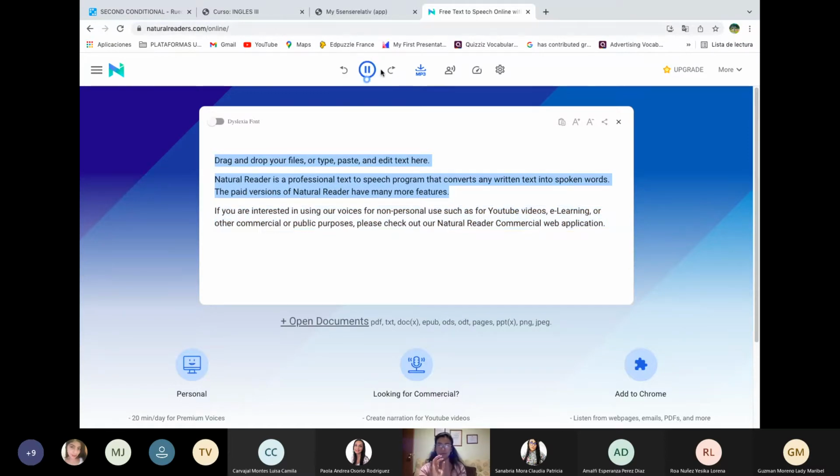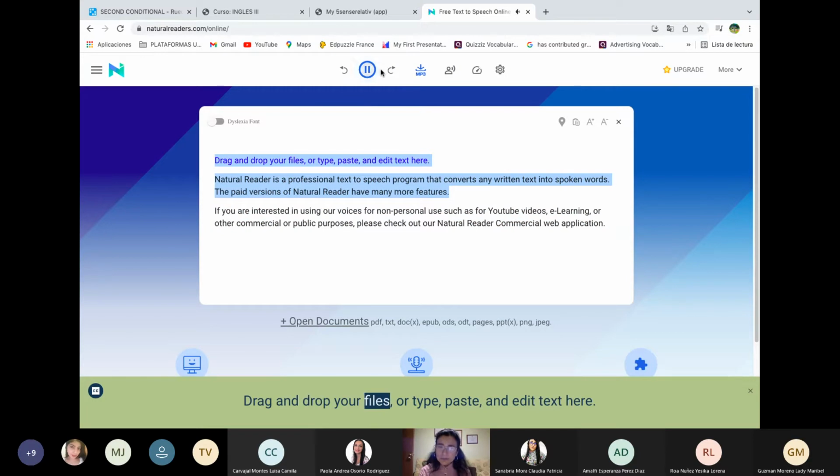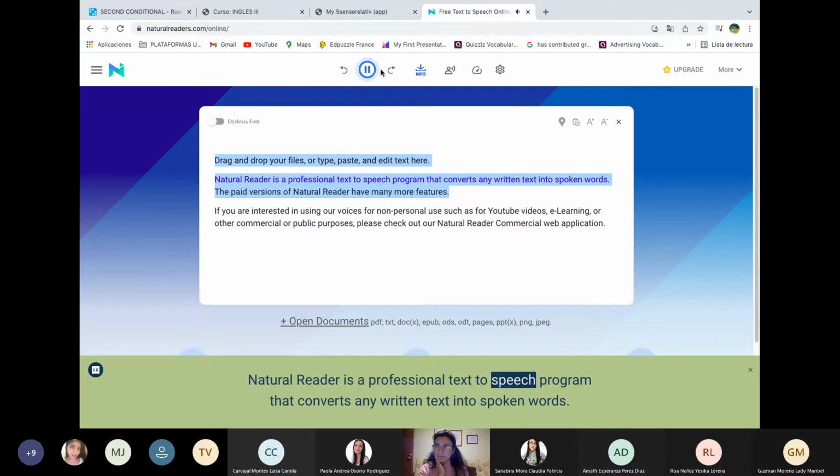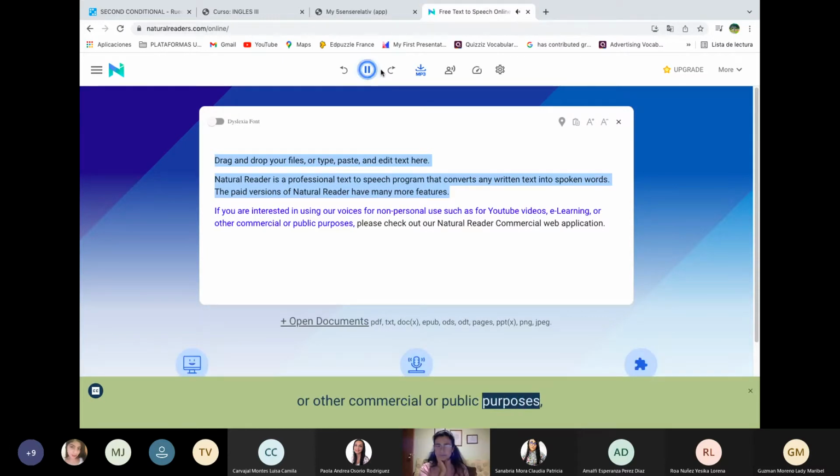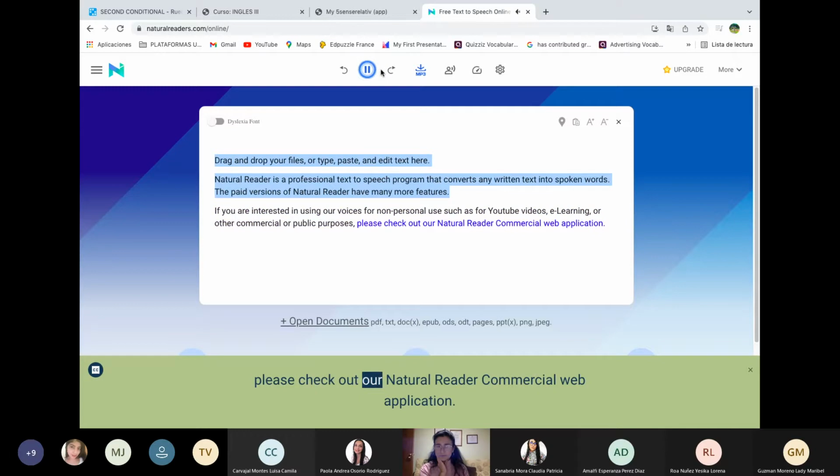For example, drag and drop your files, or type, paste, and edit text here. Natural Reader is a professional text-to-speech program that converts any written text into spoken words. The paid versions of Natural Reader have many more features. If you are interested in using our voices for non-personal use such as for YouTube videos, e-learning, or other commercial or public purposes, please check out our Natural Reader commercial web application.